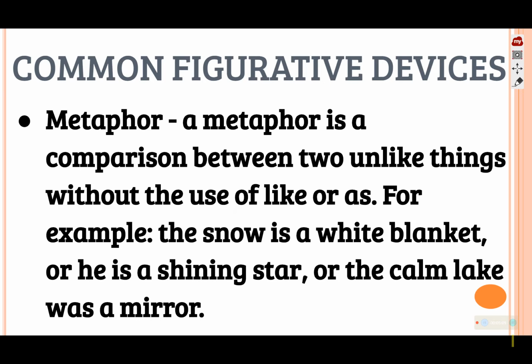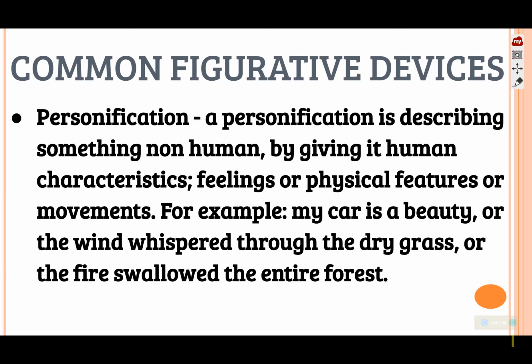If you look at one of the examples, the snow is a white blanket, you have to ask yourself, is the snow really a white blanket? No, it is two unlike things, but the white blanket is used as a comparison to describe what the snow would look like. Okay, so that is called a metaphor.